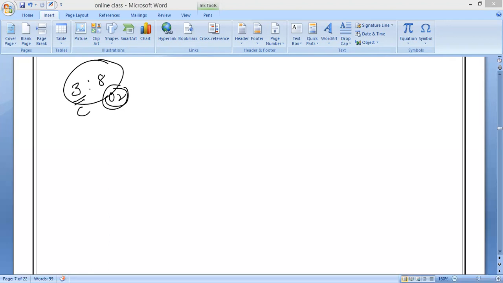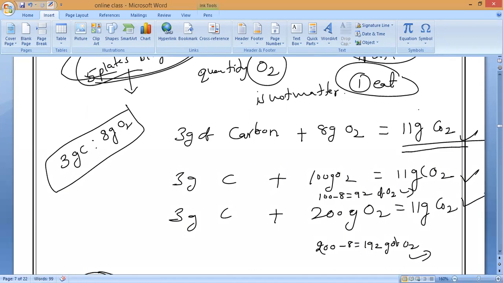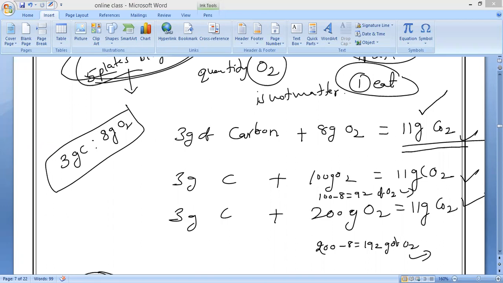To produce 11 grams of carbon dioxide, therefore the same mass of carbon dioxide will be obtained.